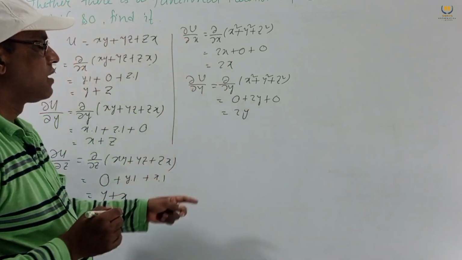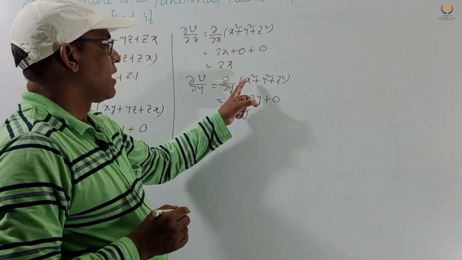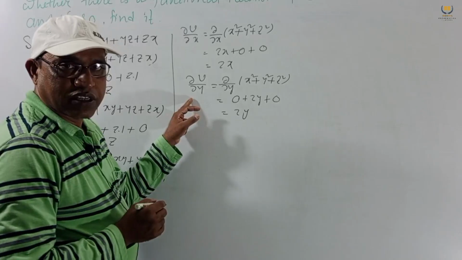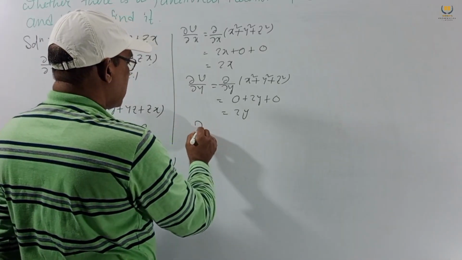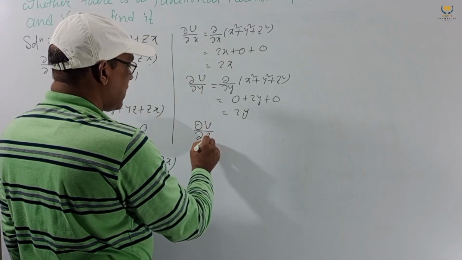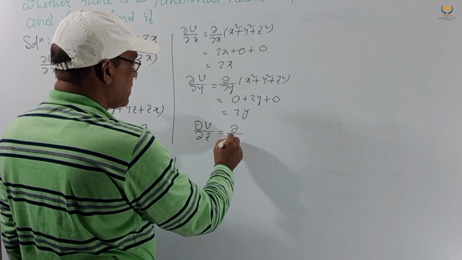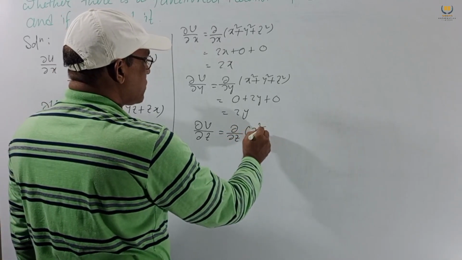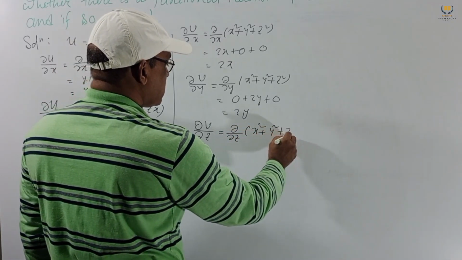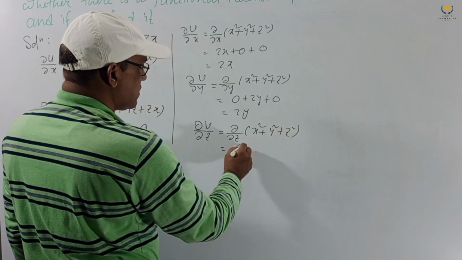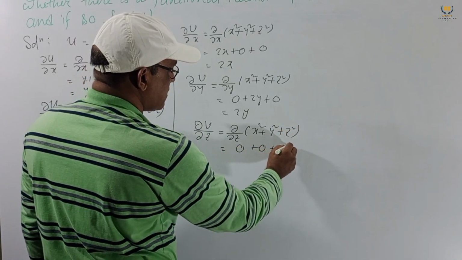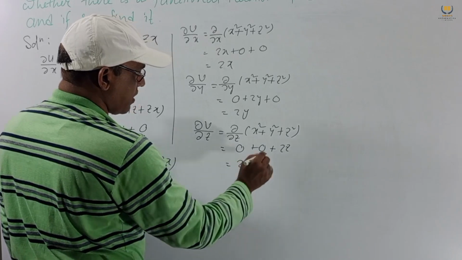Here x and z are constant, because we differentiate partially with respect to y. Del v del z: this is 0, 0, twice z, and this will be twice z.